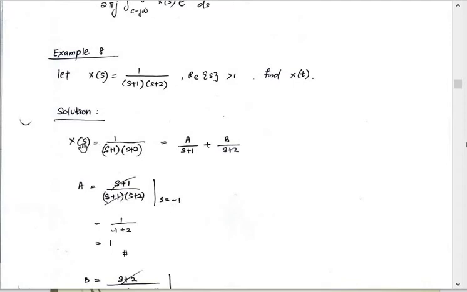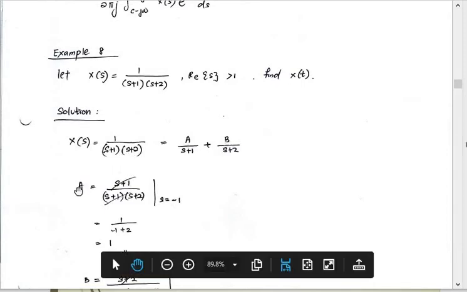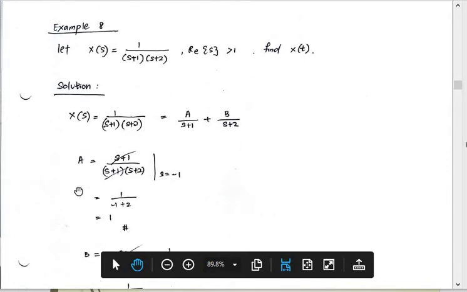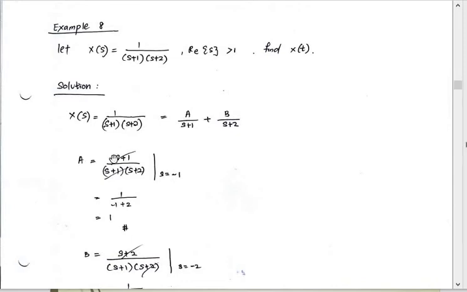So X(s), you change to A over s plus 1 plus B over s plus 2. Then you find A and B here. I believe that partial fraction expansion is quite common to you. A is (s plus 1) divided by (s plus 1)(s plus 2), in which s is negative 1.